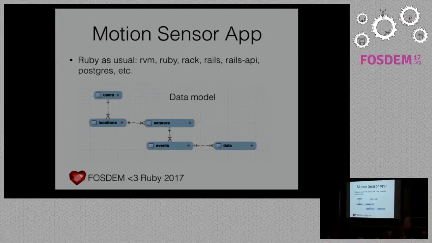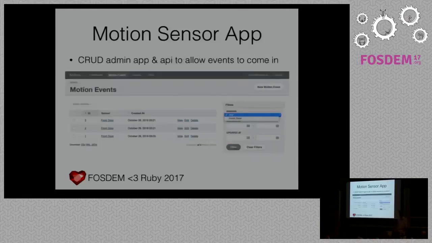And I wanted to build this basic app because I want to detect presence at my house, and I want to be able to see that from my cell phone or from outside my house. And I used one of these admin apps on Rails to build this very simple app that just creates a sensor and allows me to log in, and deployed that to Heroku, and that's what it looks like.